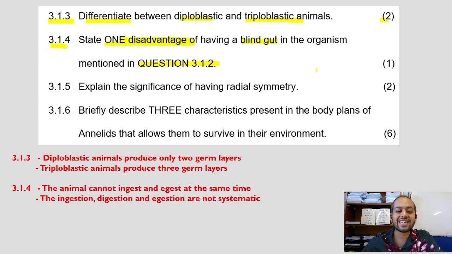The ingestion, digestion and egestion are not systematic. So you can't have all these processes occurring at the same time, because you need to ingest and egest food from the same opening. So any one of these disadvantages would have been acceptable. You could also have said there's mixing of digested and undigested food. Why? Because it's all coming in and out of the same opening.